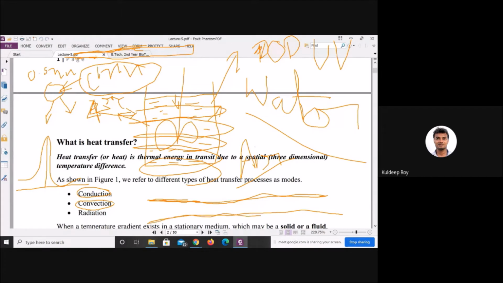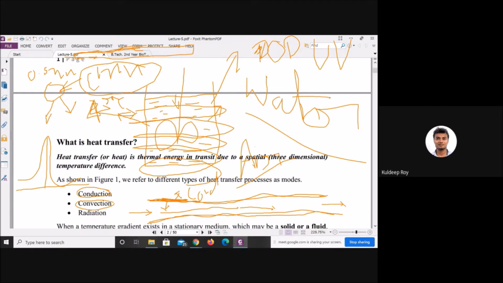Liquid will flow from here to here. Around this particular surface of the pipe, conduction will occur. But when any liquid flows, convection will occur, so after that the convection will occur.